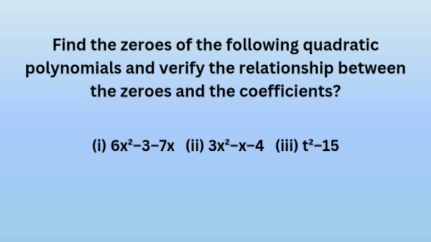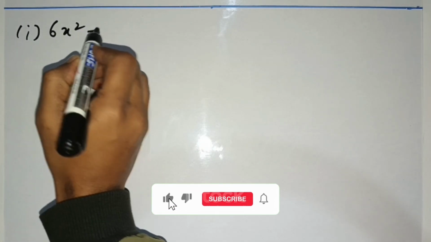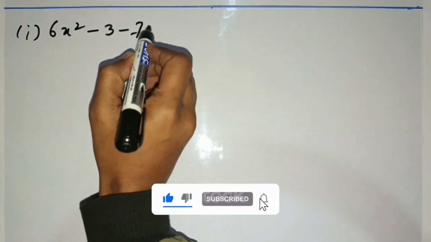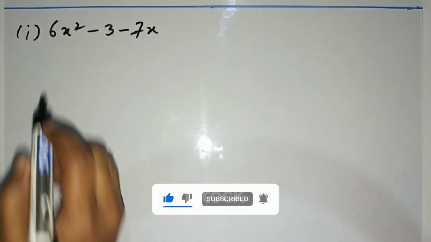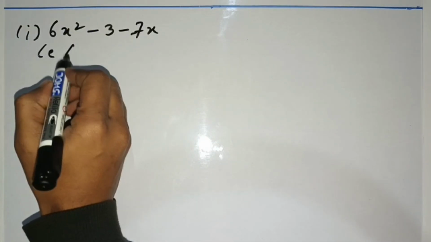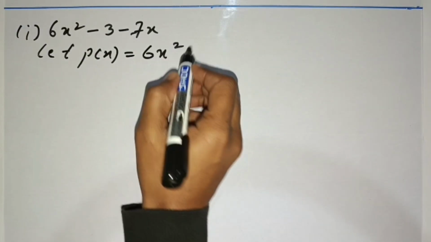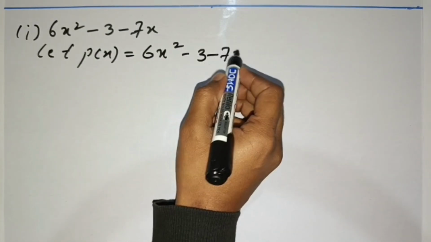So the first question is 6x square minus 3 minus 7x. So let me write the question first. 6x square minus 3 minus 7x. So this is a polynomial. So let p of x equal 6x square minus 3 minus 7x.